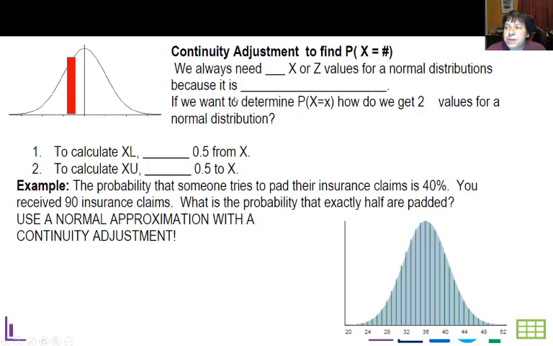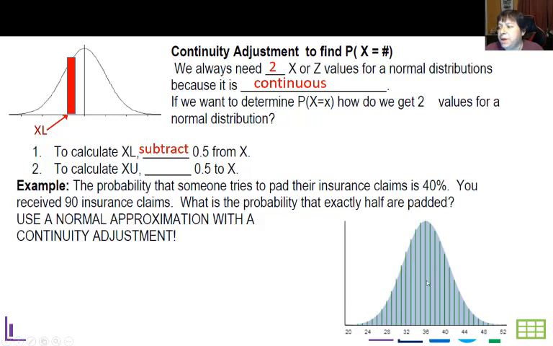Okay, so we always need two x or z values for normal distributions because it's continuous. So I'm going to have my imaginary value here that I want. To make it continuous and have some area, I'm going to have a left value on my box and an upper value on my box. For the left value, I'm going to subtract 0.5 from it because for binomial distributions, we're going in integers.